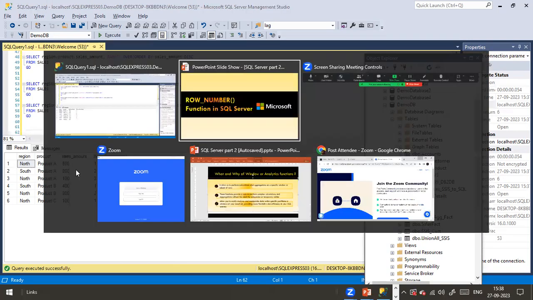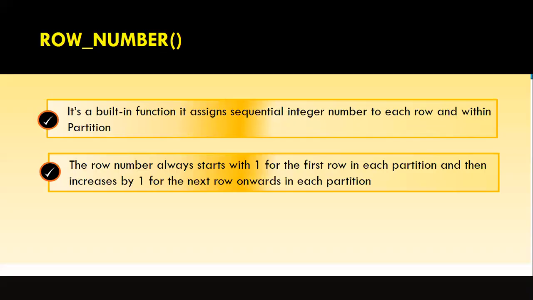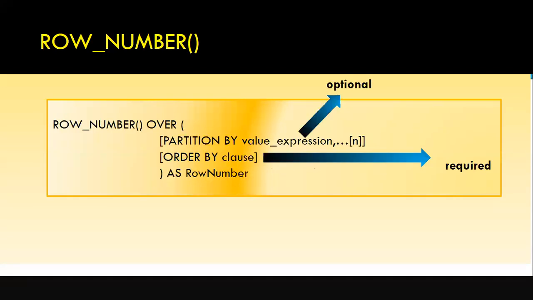Next, the row number function. It generates or assigns a sequential integer number to each row within a partition. The row number always starts with 1 for the first row and then increases by 1 for each next row in each partition. These are the things that you need to remember.